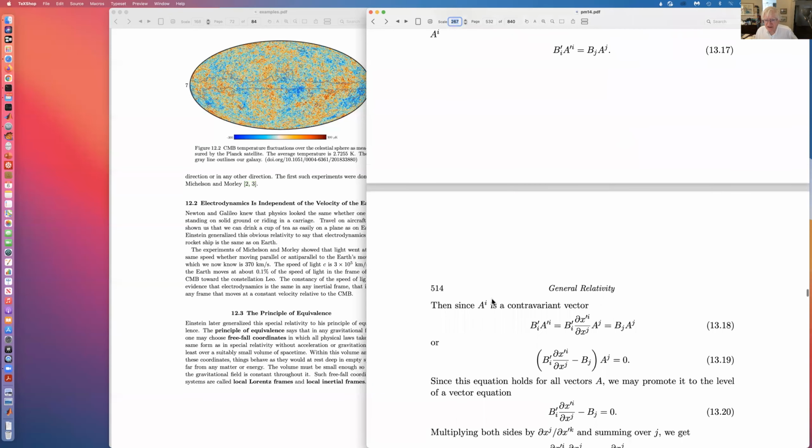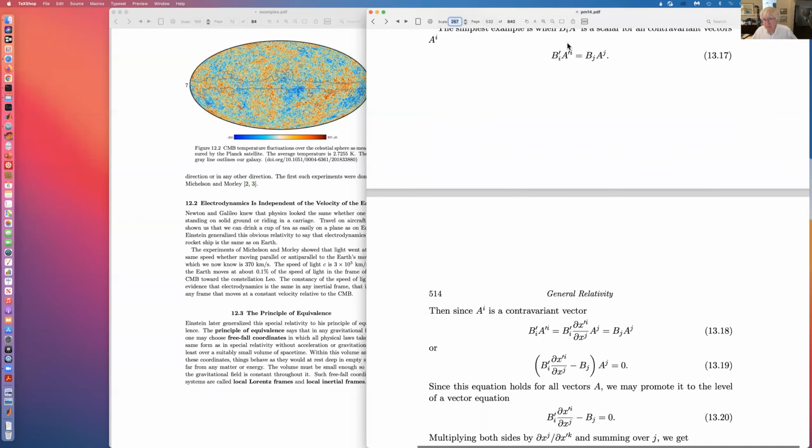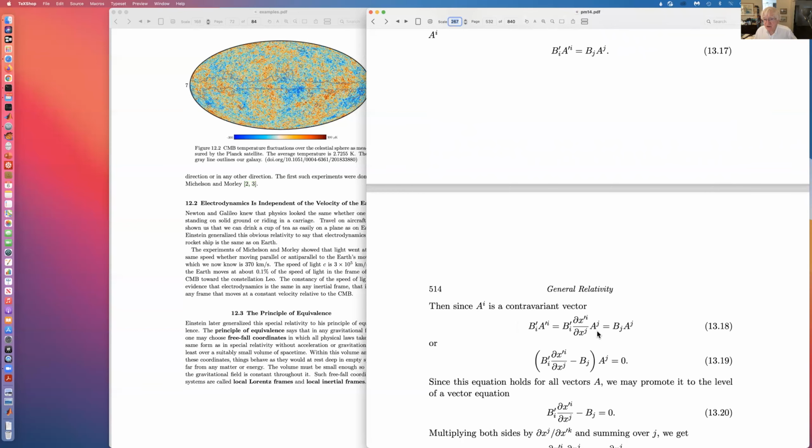Then since A^I is contravariant, we can say that A'^I, this thing, is actually this linear combination of derivatives times the A^J. And by assumption, that's equal to B_J A^J. So we have this equation here.